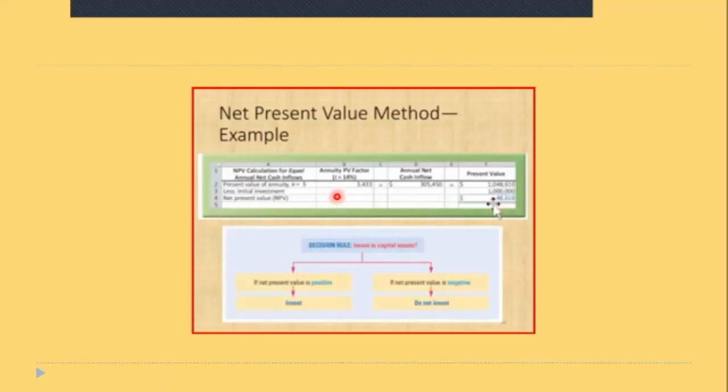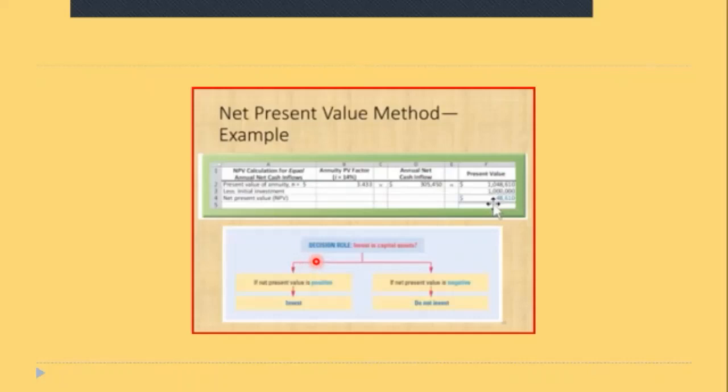So what they are doing there is taking the present value of all the inflows, and then minusing the present value of the initial investment, that is the outflows, and you get a net present value here. Now, if this figure is negative, you will not accept the project.